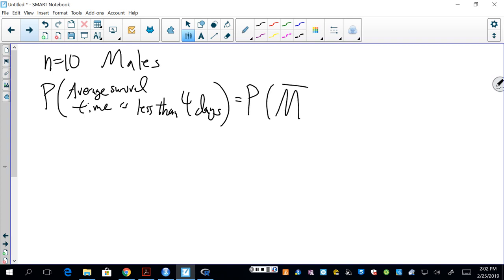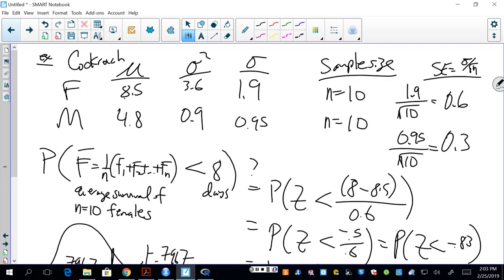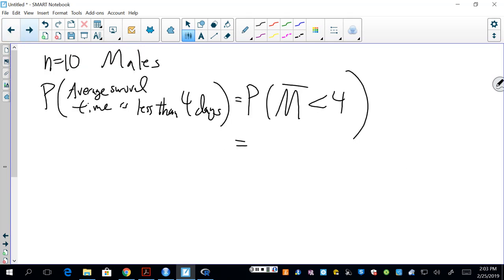Average survival time is less than 4 days. Well, the average is 4.8. So when we z-score that, we still are taking 4 minus 4.8. But now, because it's the average of 10, we divide the standard deviation by the square root of 10, because the averages are more precise.